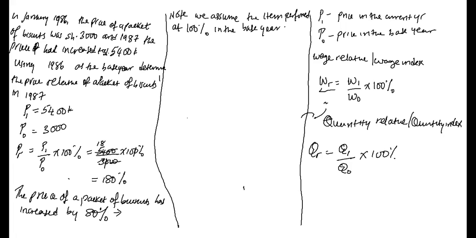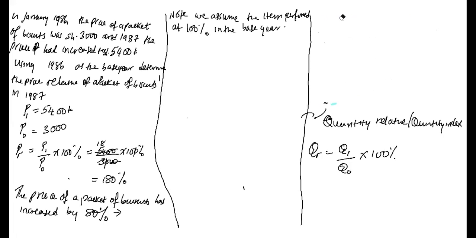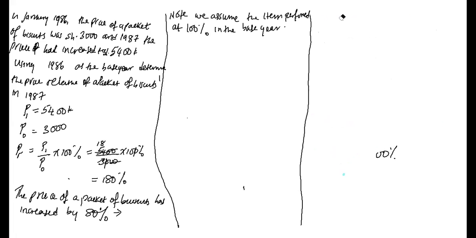We assume that the percentage it scored in the base year was 100 percent. So any percentage that comes in, if it is less than 100, then the price has fallen. If it is greater than 100, it means it has increased. Why do I say it has increased by 80, not 180? It's because I subtract 100 from 180.